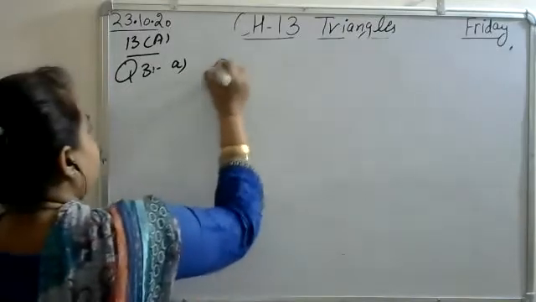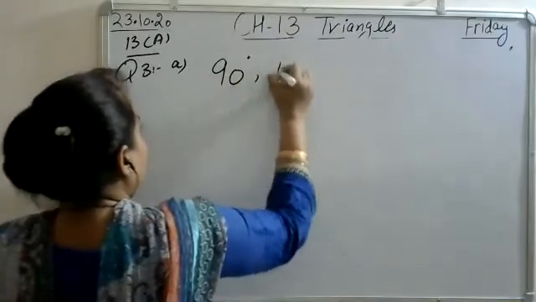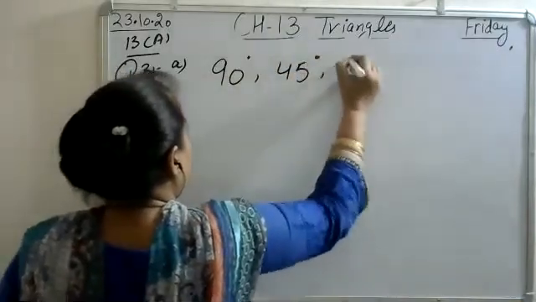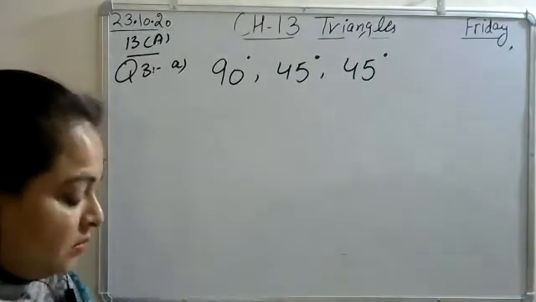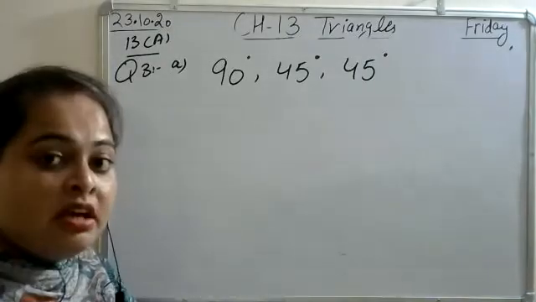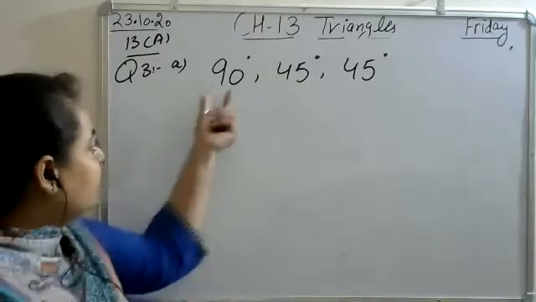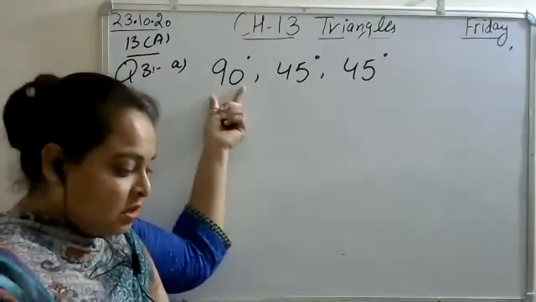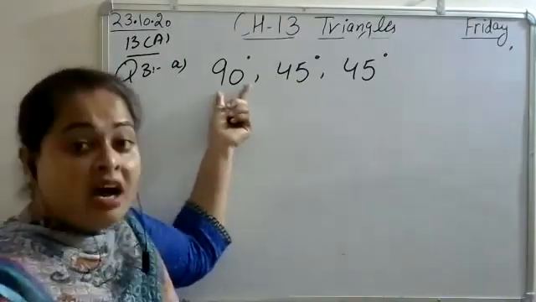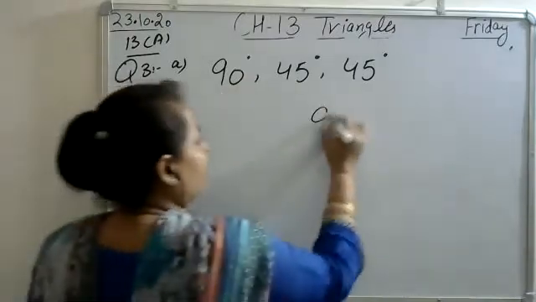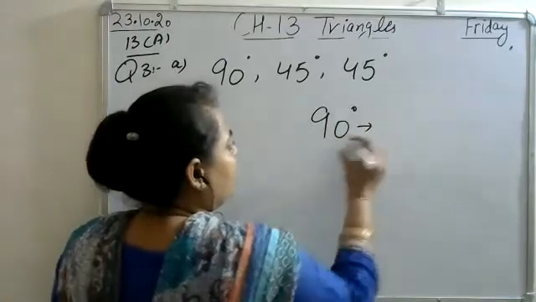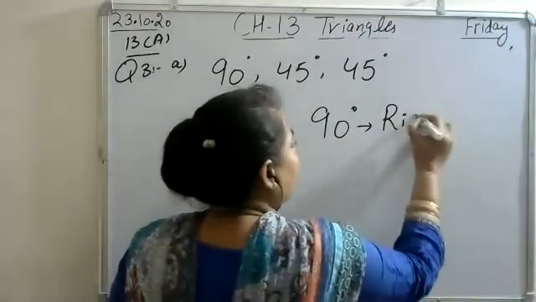A part is 90 degree, 45 degree, 45 degree. Mehak, your answer is incorrect. 90 degree is a right angle. What is the name of 90 degree? For 90 degree, we will use the word right angle.